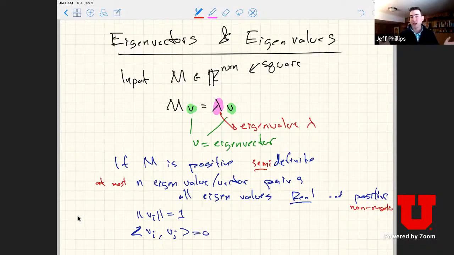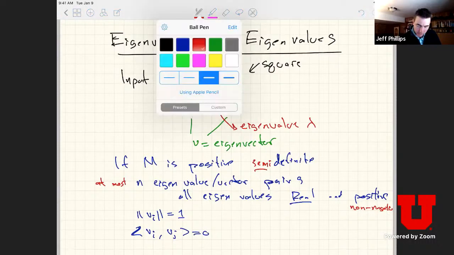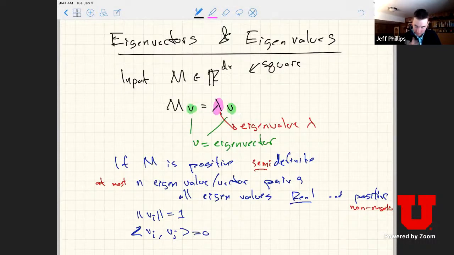If M is not full rank, then there's some subspace where I multiply by anything in it and I get back 0. So those are going to be missing. Again, this is going to be connected to the singular value decomposition. Let's change this to D by D, because I used V here. It's square, that's what's important, but we'll see why I use D here.